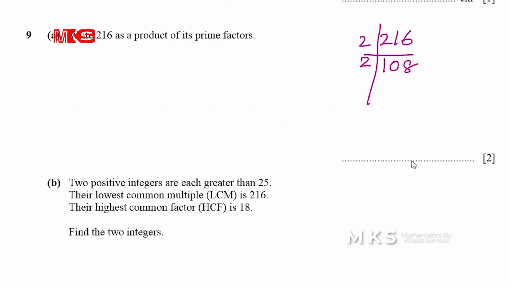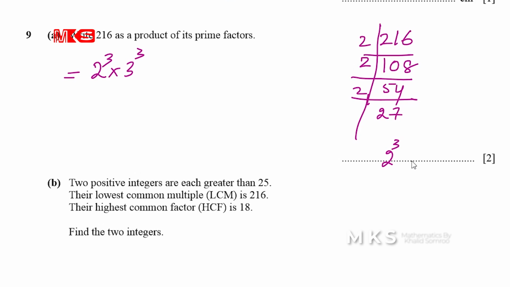So again 2, 54, again 2, 27. I think that gives us the idea what to do. 216 will be 2 cube and 27 is 3 cube, so it would be 2 cube multiplied by 3 cube.